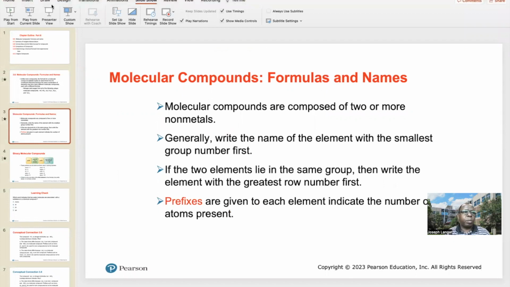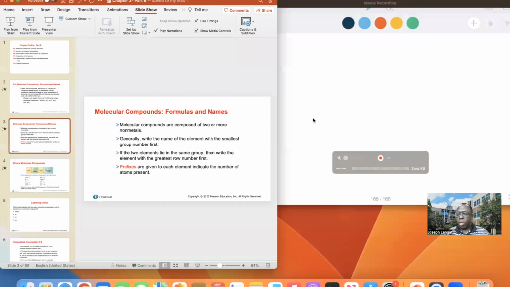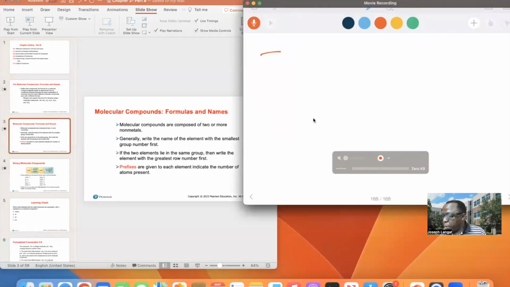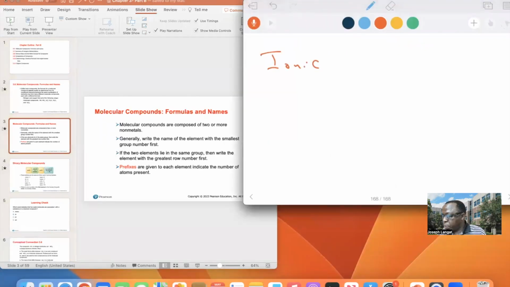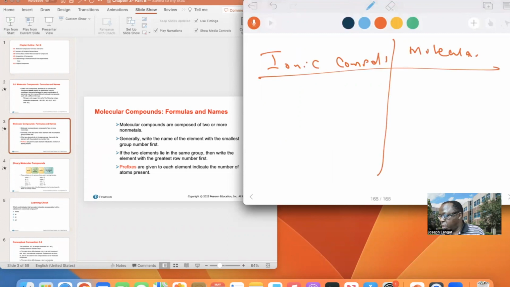Let's just minimize this, and we'll see the difference between ionic compounds and molecular compounds. Ionic is metal plus non-metal. This is what we looked at in the last section.